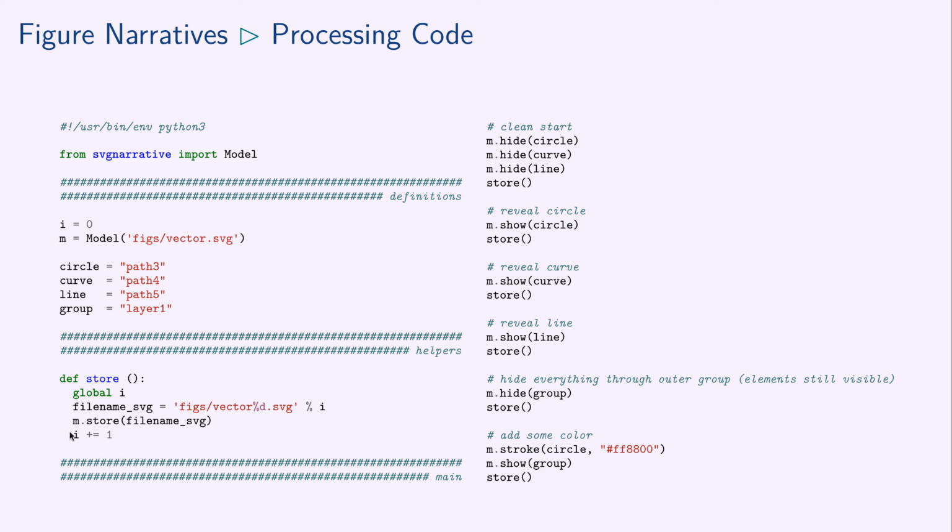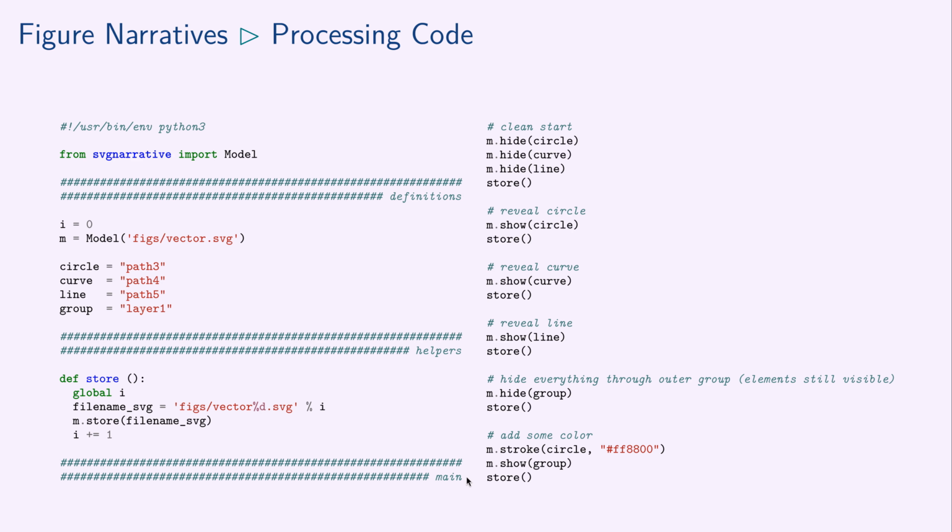I then have this utility function that whenever I call it, it takes a snapshot of the current version of M and stores that in a new file. And that file has a file name that has a component that is an integer that is incremented each time the function is called.